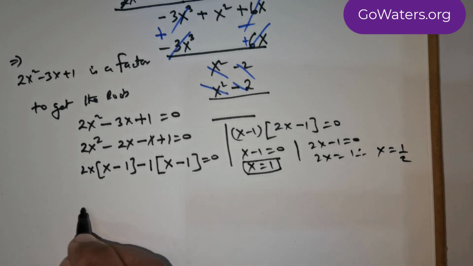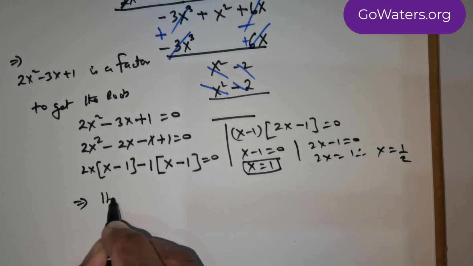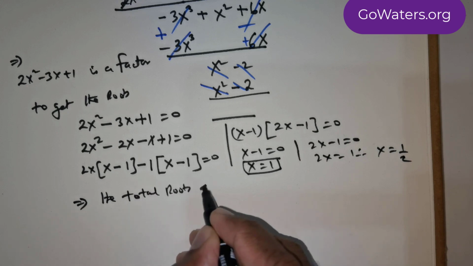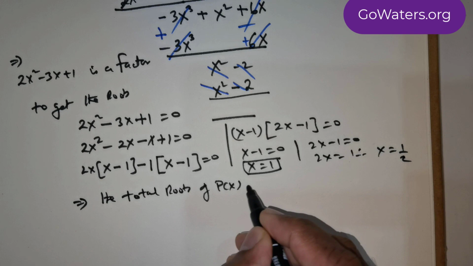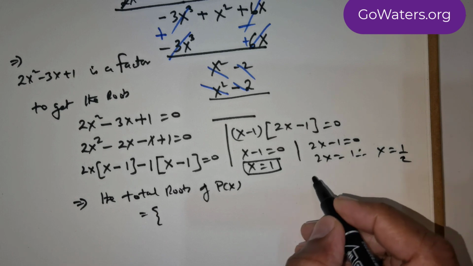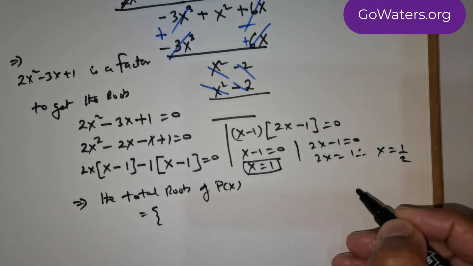So this would mean the total roots of the polynomial p of x are, you can write the roots down. So what are the roots? In fact, we were given already root of 2 and negative root of 2.